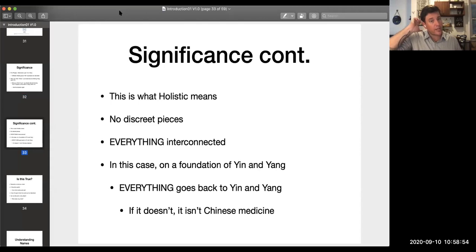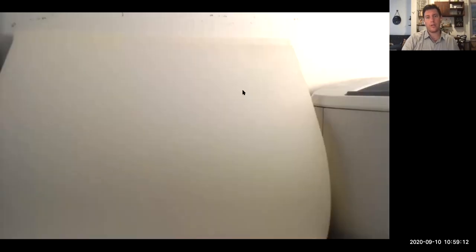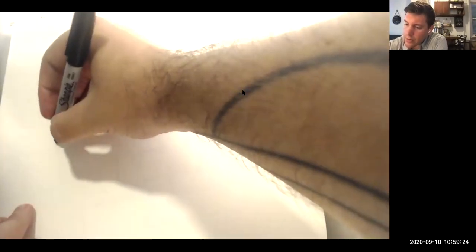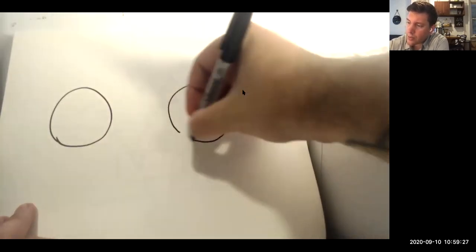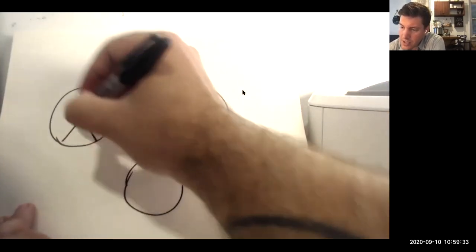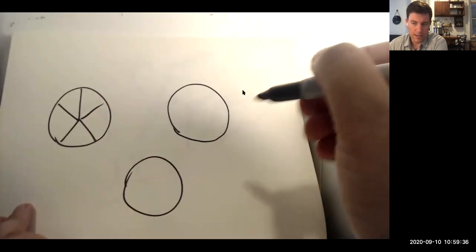So this is what we mean when we say holistic. There are not discrete pieces. We start with Tao, we start with this oneness, and then we find ways to divide it up, but it's still a whole being divided to become functional. One of the ways I've heard this described, in discussion with a friend of mine who does some theosophy work, is that if we look at the Tao and the way it's treated within different systems, Chinese medicine is going to divide it something like this so that we can look at it in pieces and work with it.